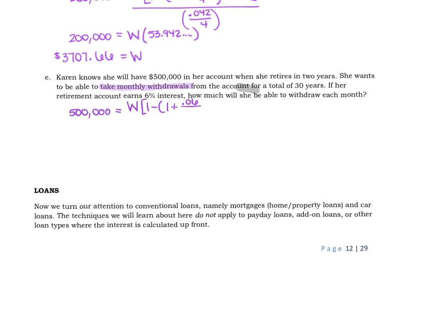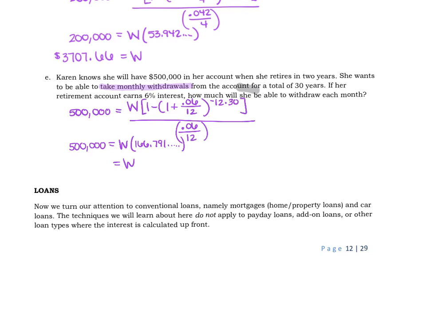So 6% interest, we're going to do this monthly, negative 12 times the 30 years that she thinks she's going to be able to pull that money out of her account. And again, just like the last one, we need to work the number on the right-hand side that's being multiplied by W. That should give you 166.791 and a bunch of decimals.